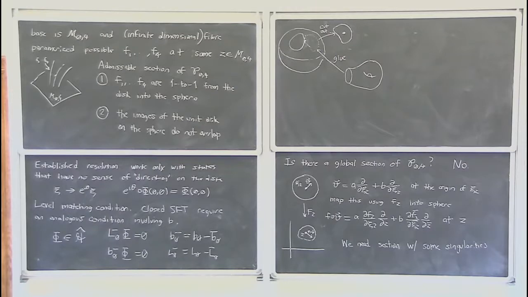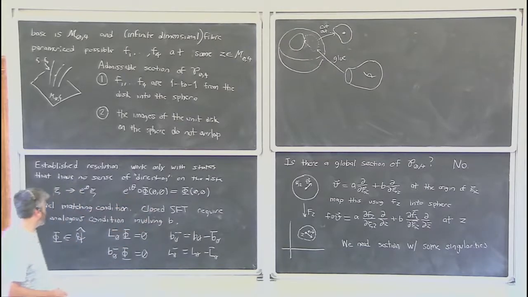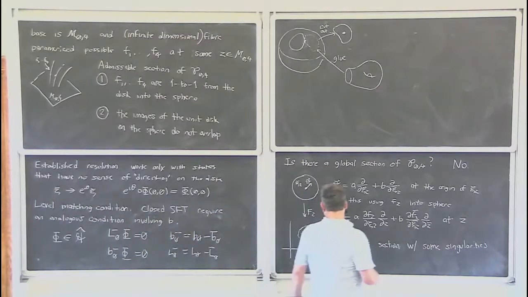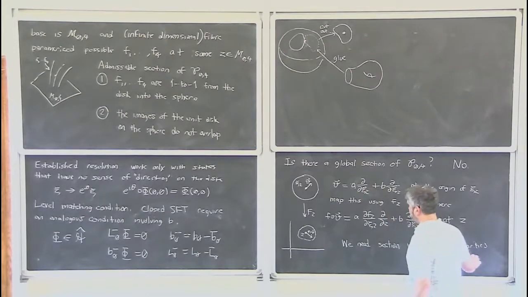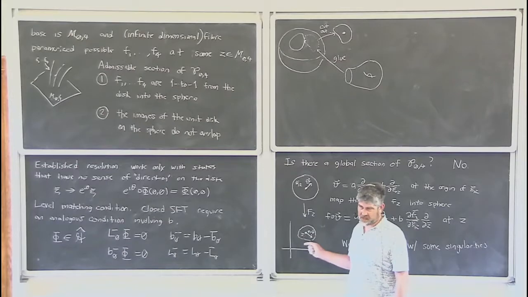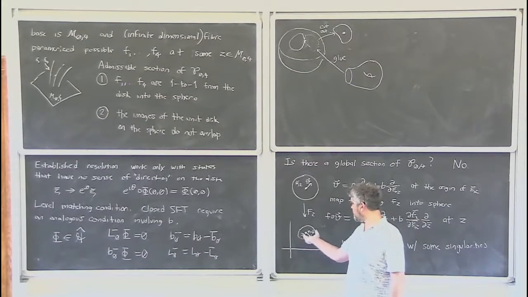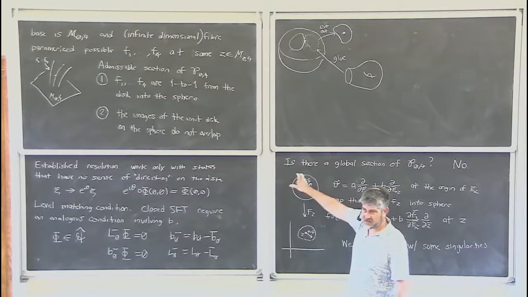Can you explain again how you solve this? Well, for a state which is level matched, it doesn't matter if at some points in the moduli space this vector field becomes singular or discontinuous, because this state doesn't actually know anything about the direction of this vector.